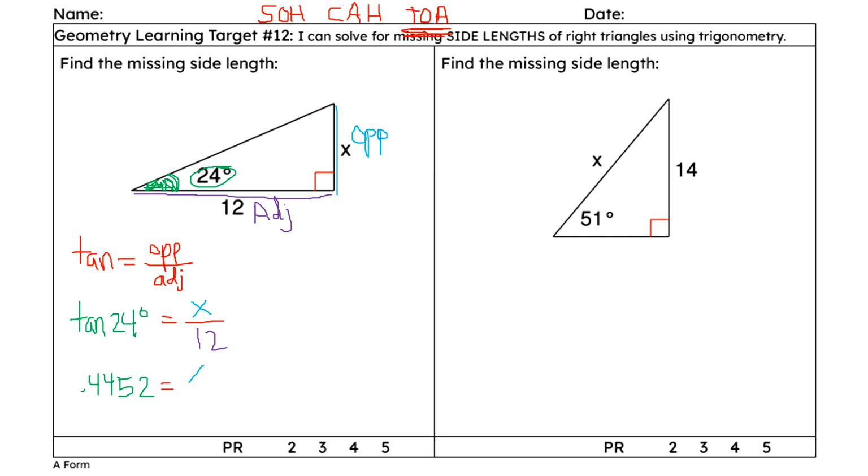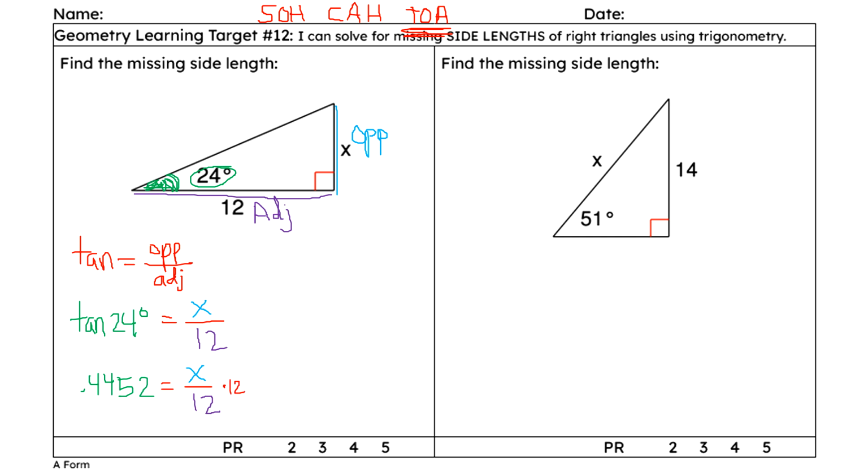All right, so now I have an equation with just one unknown and I need to solve for x. My x on this side has been divided by 12. I have to undo divide by 12. So to undo divide, I'm going to times. I will multiply each side by 12.